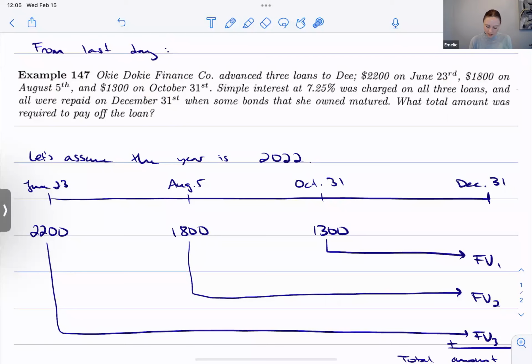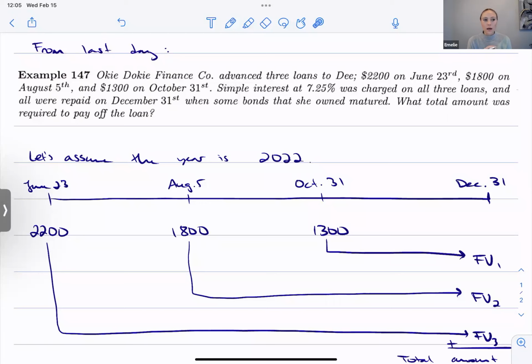Simple interest at 7.25%. Now here I will make a note that this is the simple interest chapter. And so we're quickly going to move away from simple interest because, as I mentioned, it's very uncommon that we have simple interest. Usually we have what's called compound interest, but this is where we learn the skills that we need and then we just build on it.